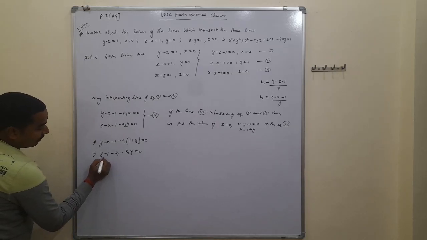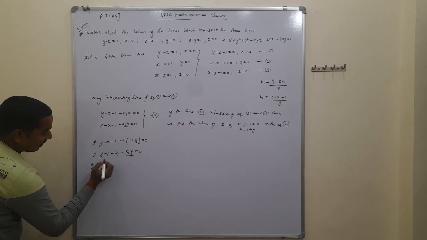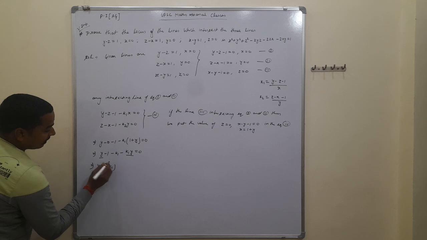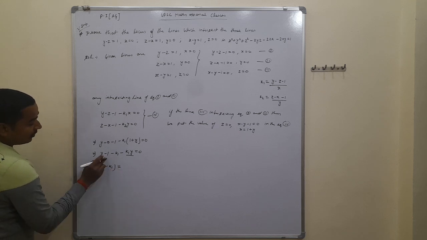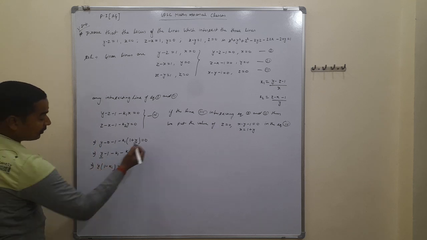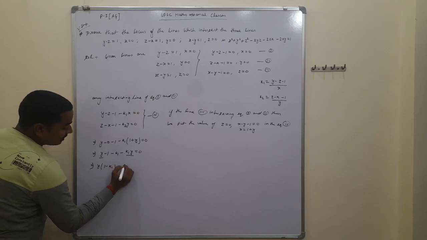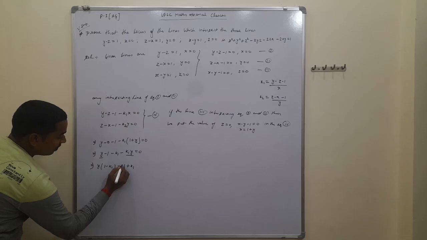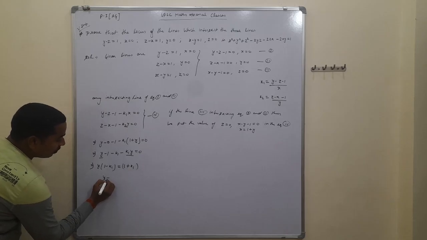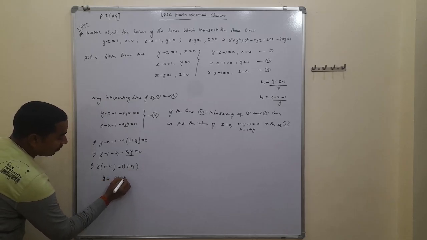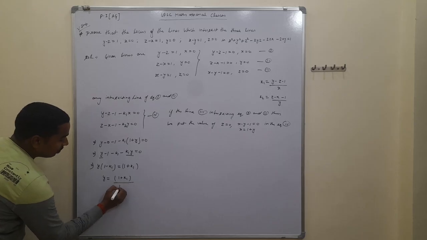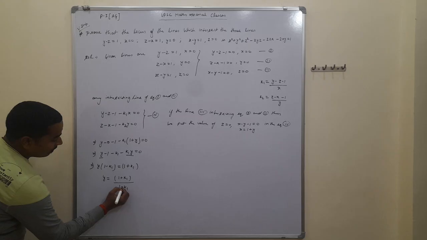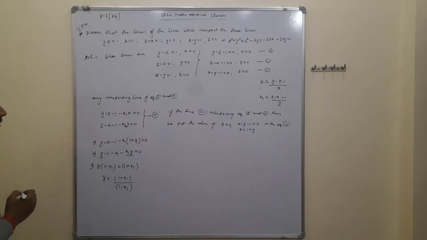We have to take y and k1 y in one bracket, that is taking y common, that is 1 minus k1, and remaining minus 1 and minus k1 is taken into right hand side, that is plus 1 and plus k1, and from here y is equal to 1 plus k1 upon 1 minus k1. This is the value of y.